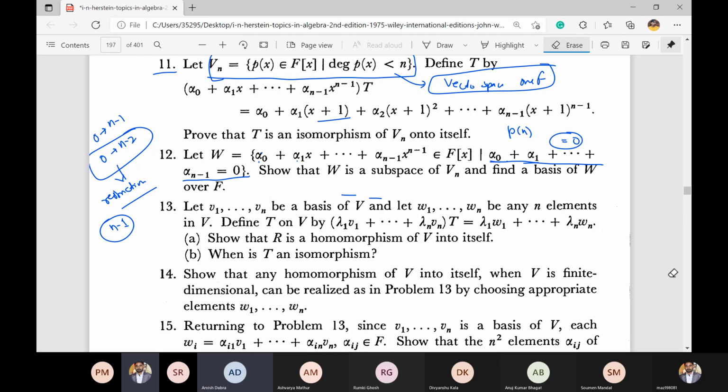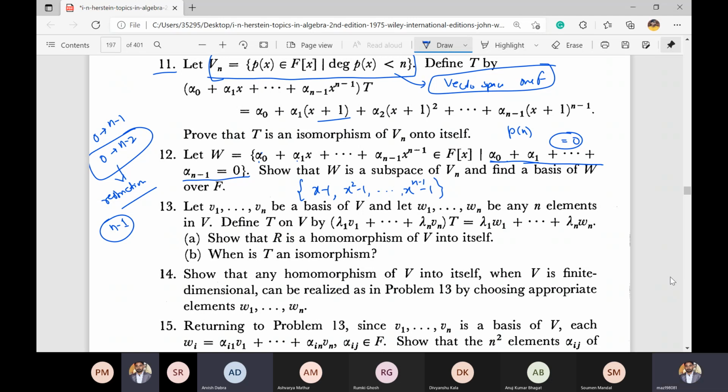So x minus 1, x square minus 1, up to x power n minus 1 minus 1 will be the basis for this W. Tell me again, what is the basis you finally get? x minus 1, x square minus 1, up to x power n minus 1 minus 1. This comes after we replace alpha naught by minus alpha 1 up to minus alpha n minus 1.